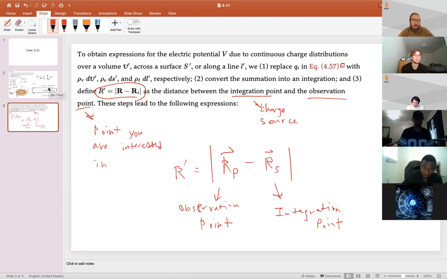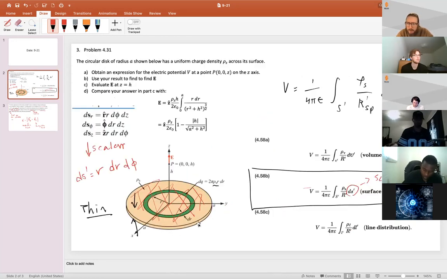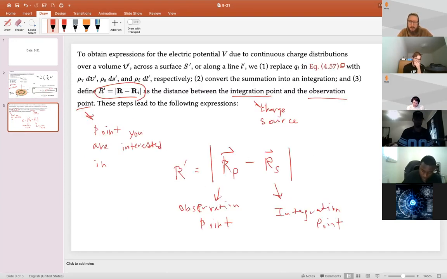We have integration points on this disk, and an observation point somewhere up here. Write this vector with magnitude r prime, where we have rp minus rs.